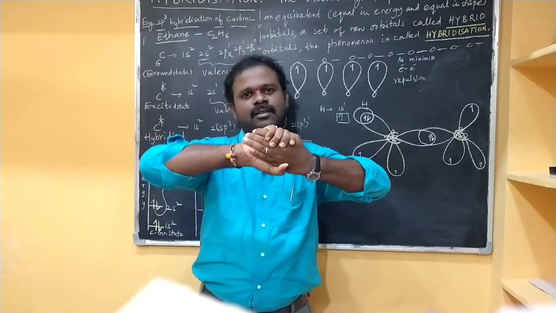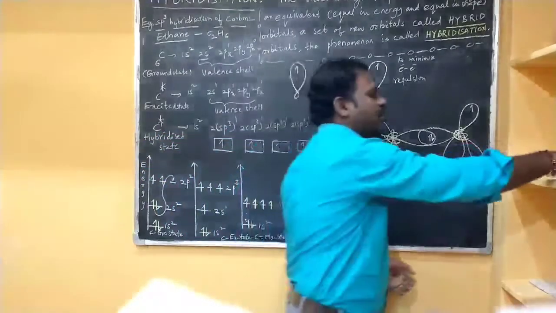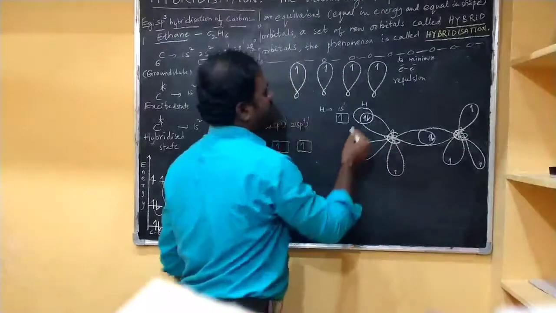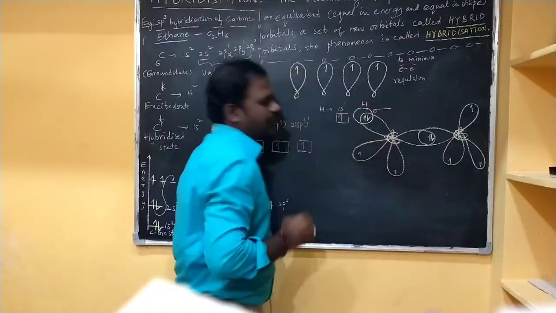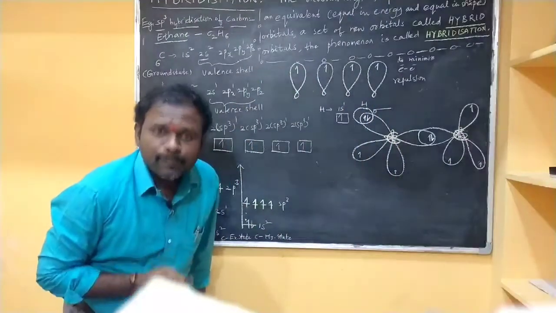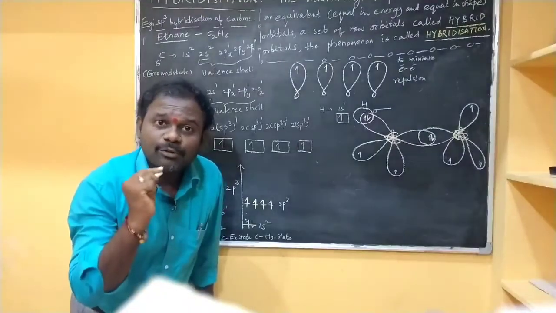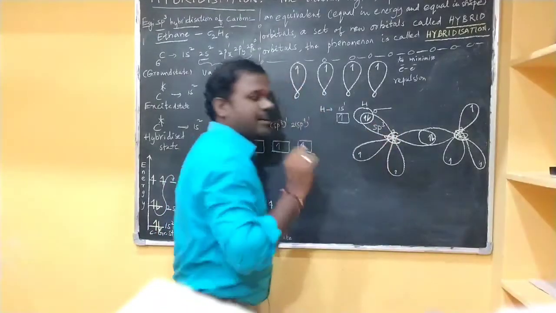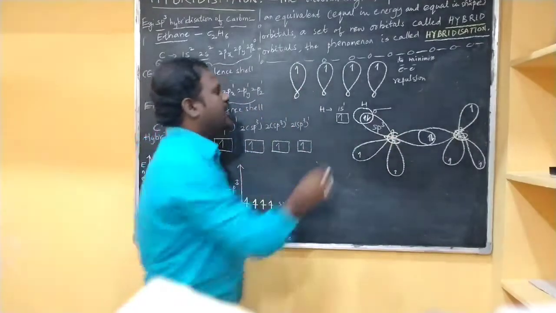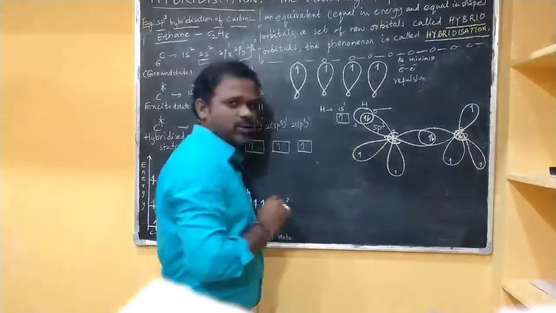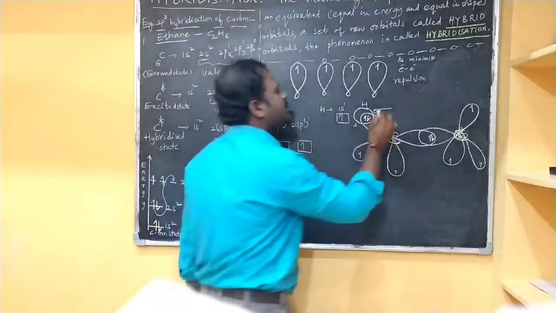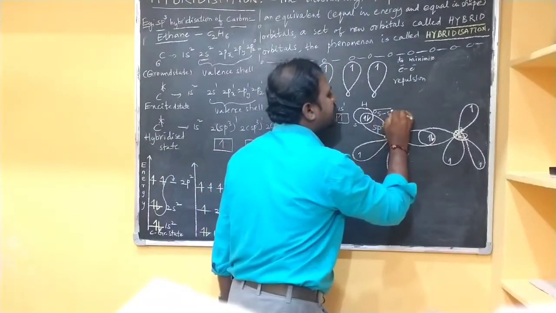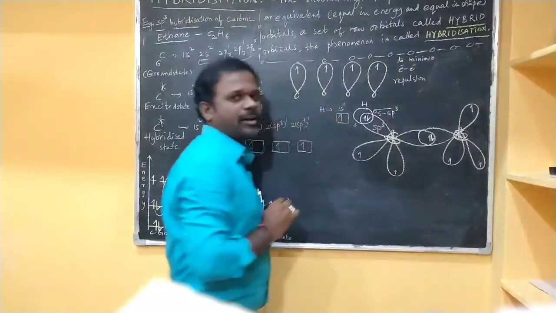So a sigma bond is formed by the overlapping of which orbitals? The sp3 hybridized orbital of the carbon and the s orbital of the hydrogen atom. So a sigma s-sp3 bond is formed.